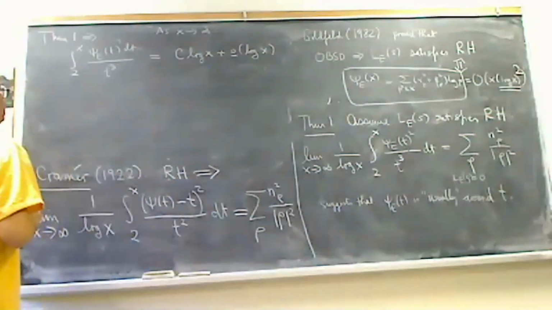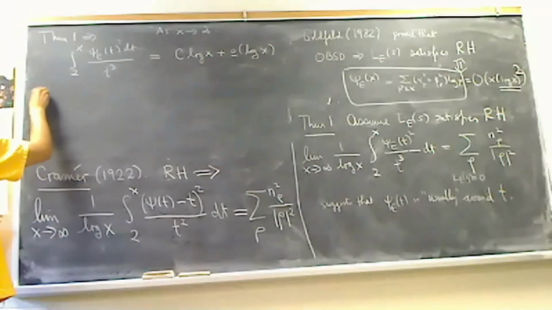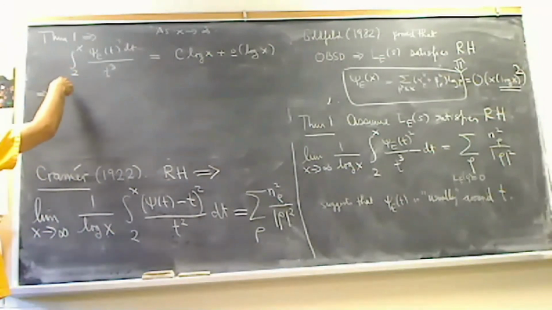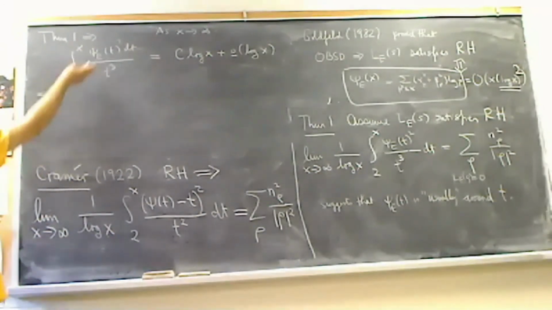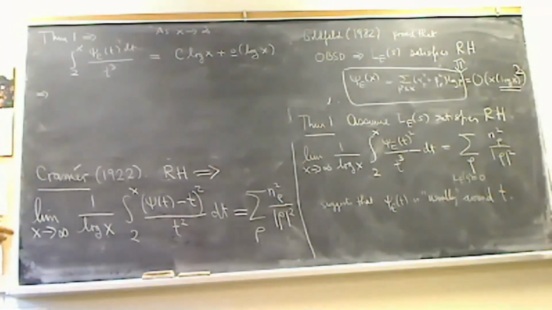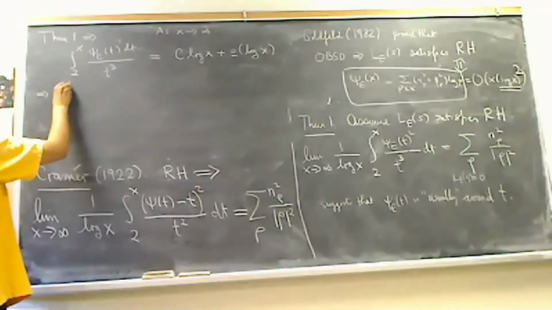And so this means now if I integrate, let's say, from 2 to 2x and subtract the result from 2 to x, you get the integral from x to 2x, of course.